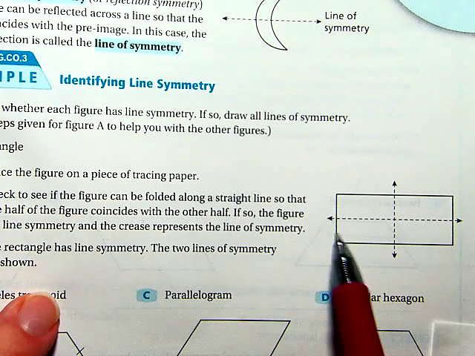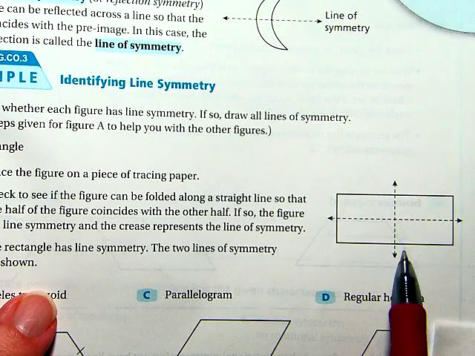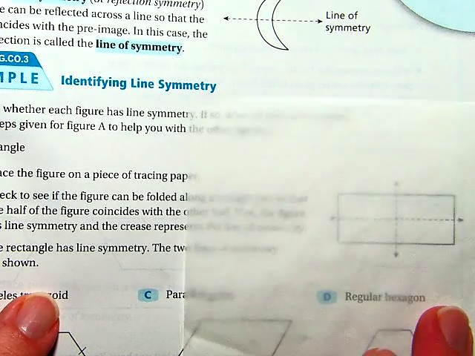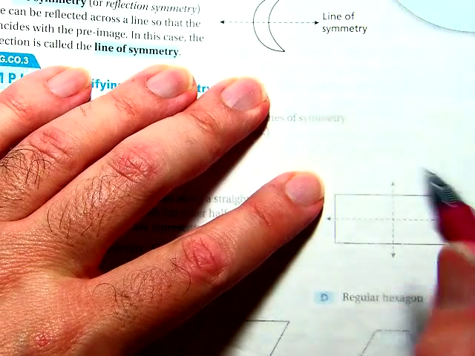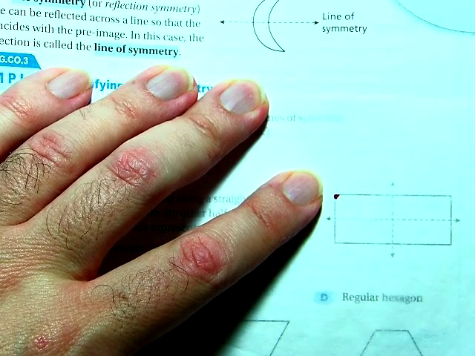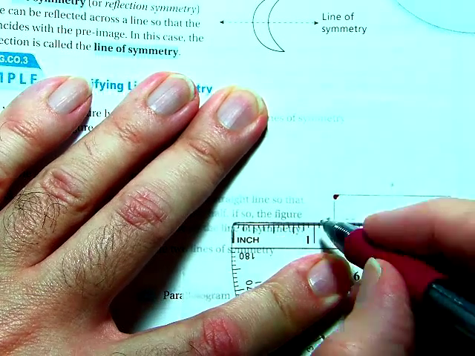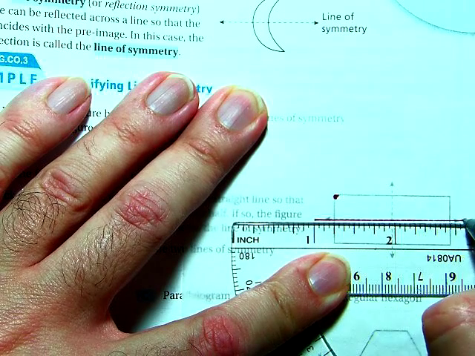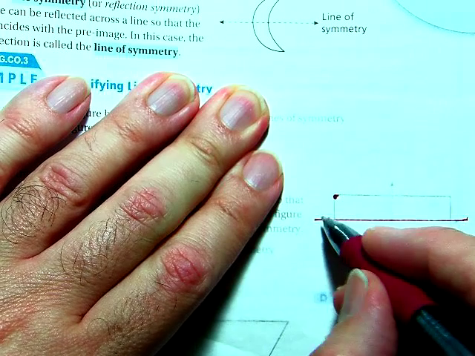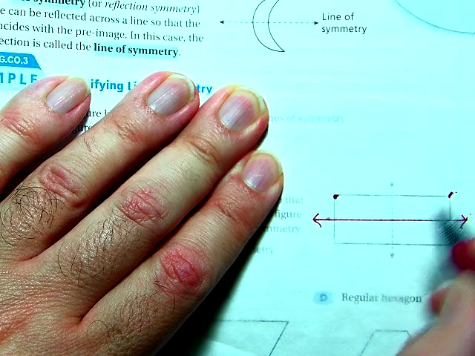One of the reflection lines is a horizontal line, and one is a vertical line. Let's take some patty paper and start with the horizontal reflection line. So we'll do what we normally do: draw the line, and then draw the rectangle.